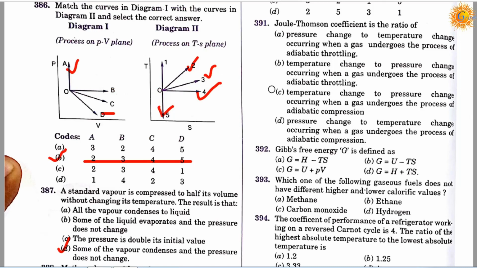All look similar, but the correct answer is B, the temperature change to pressure change occurring when the gas undergoes the process of adiabatic throttling.